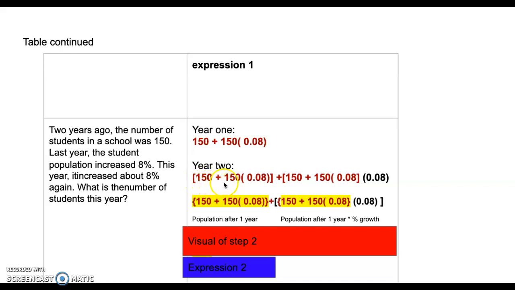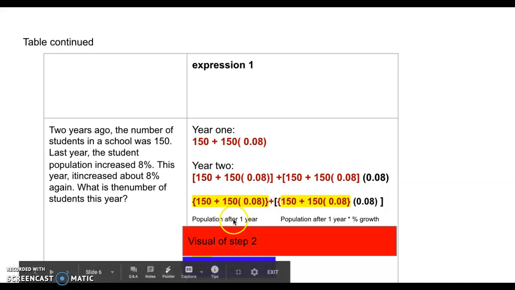So for year two, you have to take all of what you have at the end of year one, right? That's what this is, plus all of the population at the end of year one times the 8% growth. So here's the population after year one. Here's the population after year one times the 8% growth.